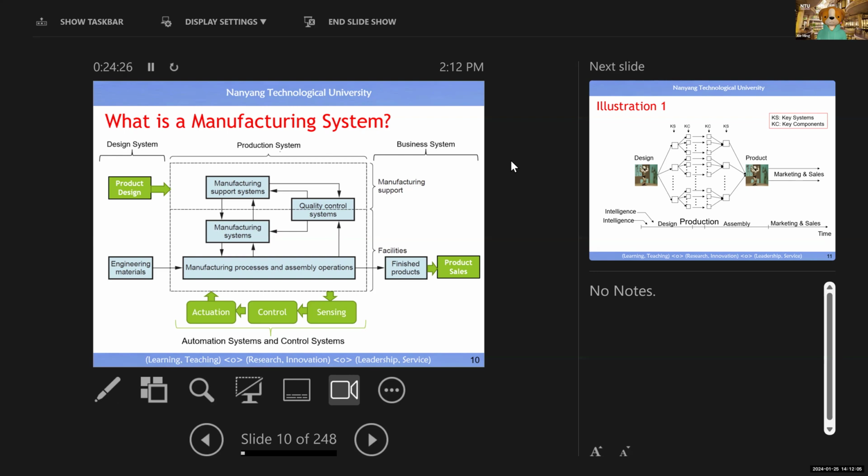So this slide helps you to understand the relationship among manufacturing, production, automation, and control, right? And you will see inside the product manufacturing process, we may be able to deploy robots or automated equipment. Okay, so this helps you to understand the relationship between robots and automation and the control as well, right?